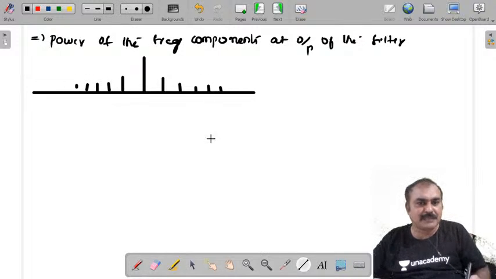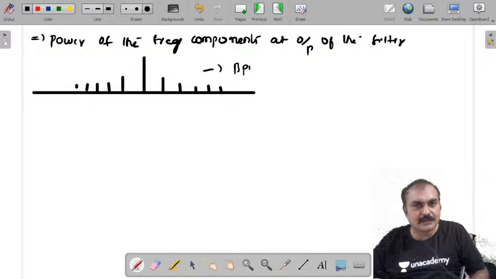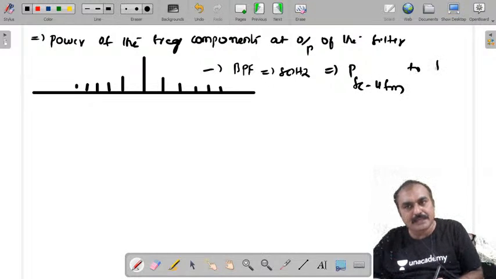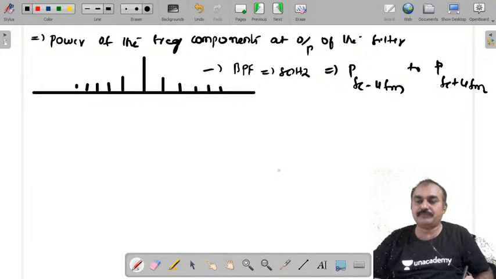Now it is passing through the BPF, a filter having a bandwidth of 80 hertz. So the range is how much? The components are FC minus 4FM to FC plus 4FM. You are getting only these.